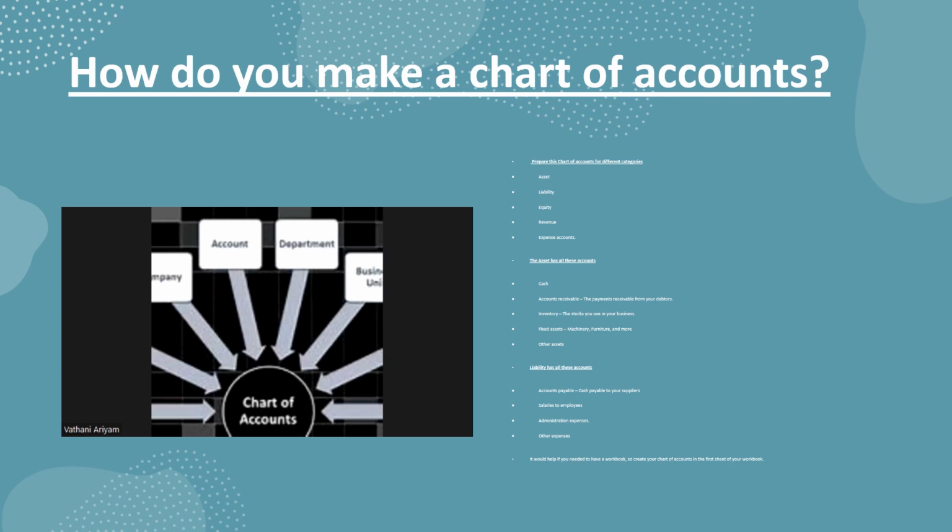Groups of numbers are given to each of the 5 main categories, while blank numbers are for the new accounts added later. Besides, the numbering must be consistent to help the management create the information about the company from one period after the next. Categories on the chart of accounts.